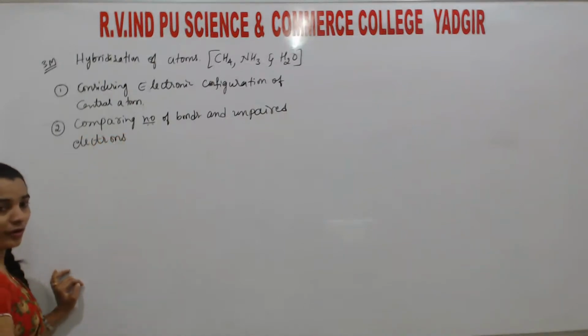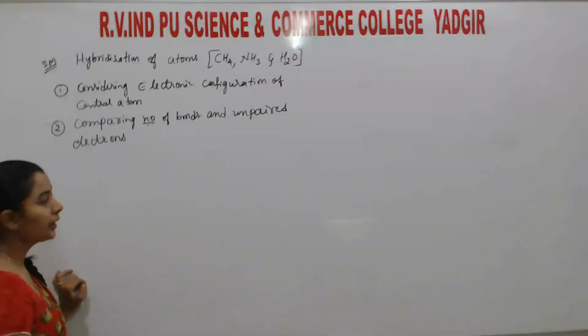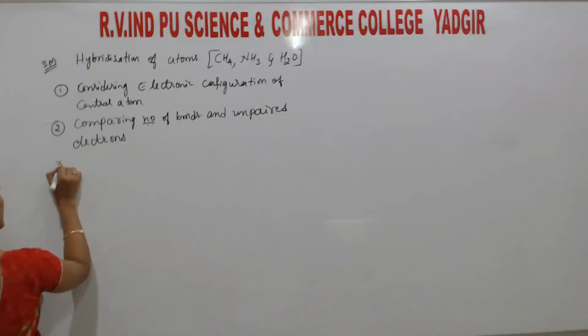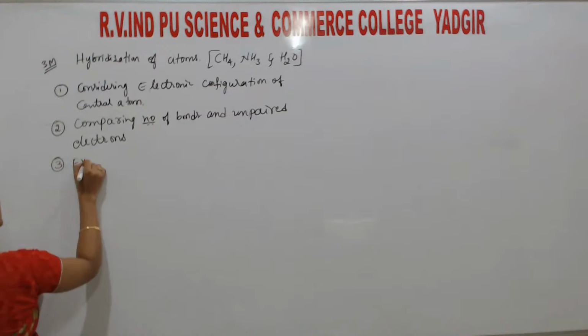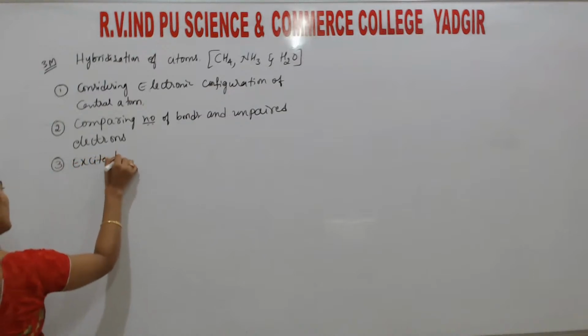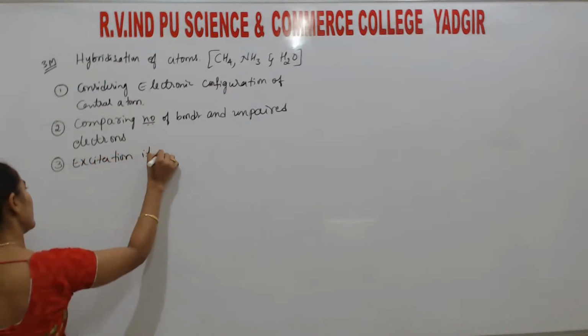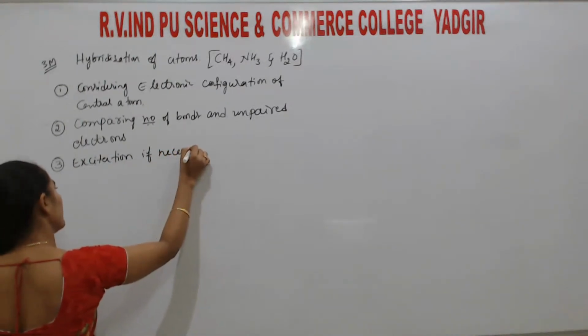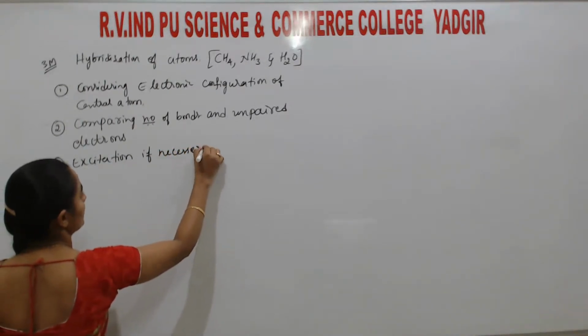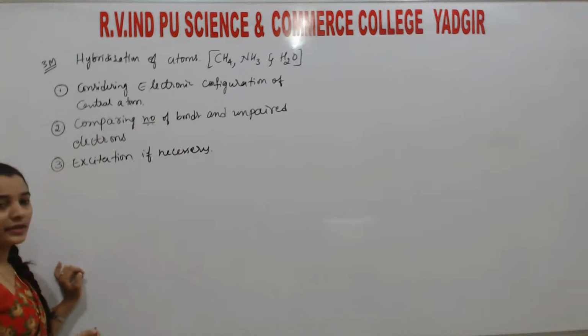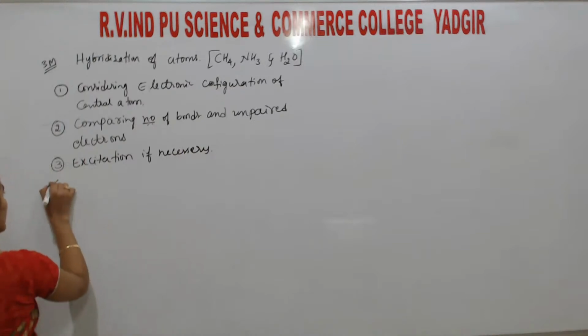Comparing number of bonds and unpaired electrons. Third one is excitation if necessary.